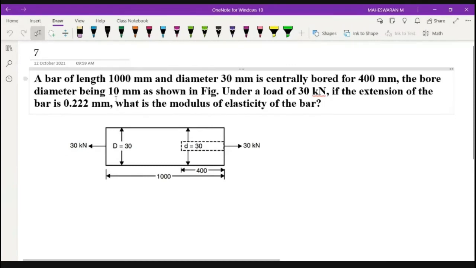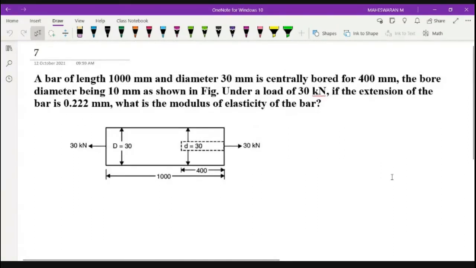The diameter of the hole is also given, which is 10 mm. It is shown in the figure. If a load of 30 kilonewton is applied, you will get an extension of 0.22 mm. In that case, they are asking you what will be the material property. What is your modulus of elasticity for this particular problem?